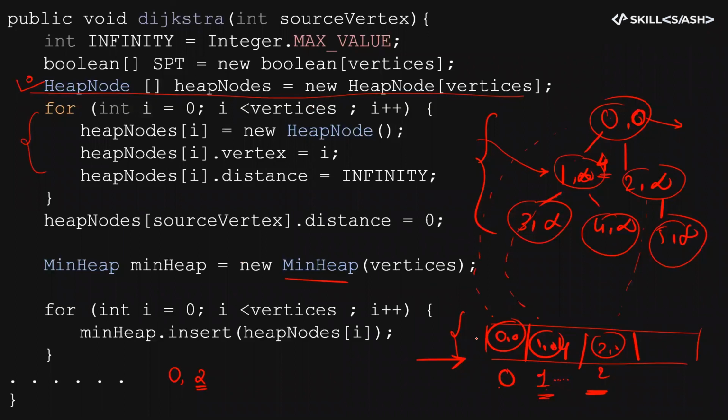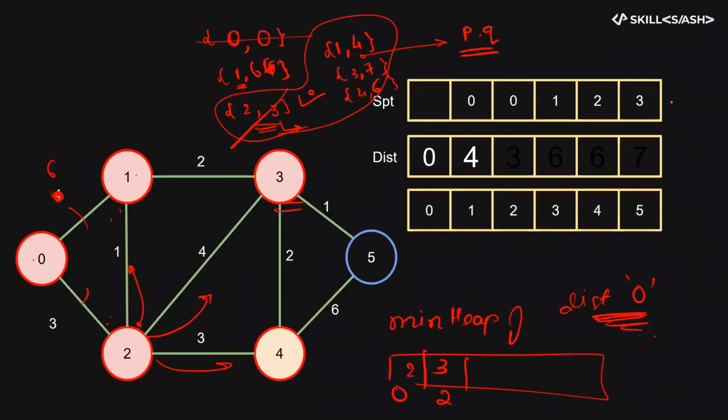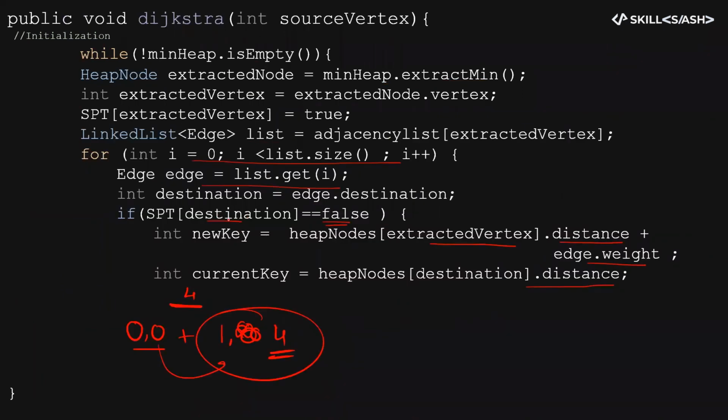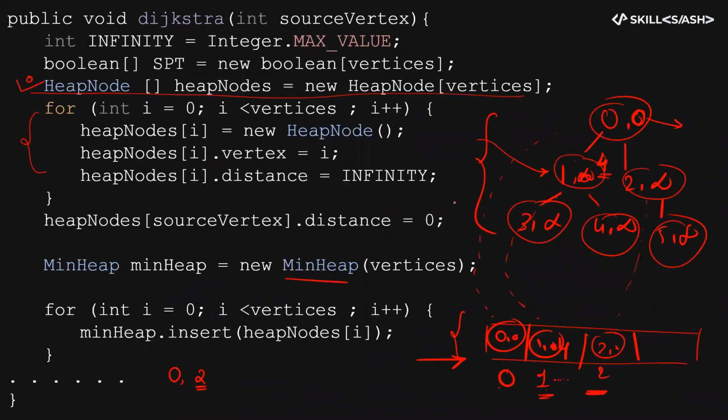And that is the parent of any node, so that we can update it very easily over here. For any extracted vertex, which has the least distance, for all its children in the adjacency list that we get, whenever we get the list, I update the heap node with the parent node as well.